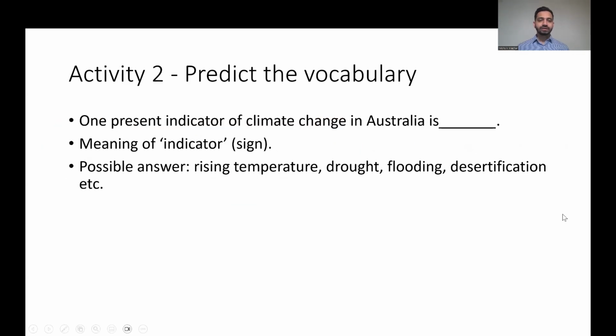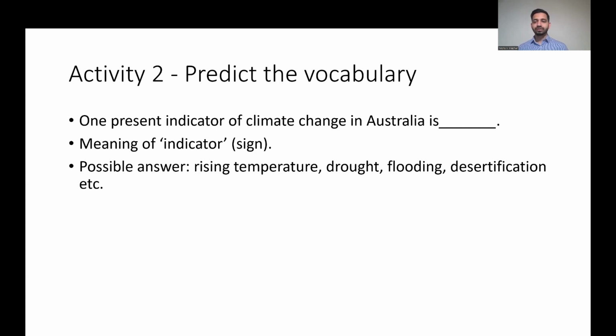Now we'll talk about predicting the vocabulary. For example, look at this prompt here: one present indicator of climate change in Australia is. What type of vocabulary are we looking for? Present indicator. An indicator is a sign, isn't it?